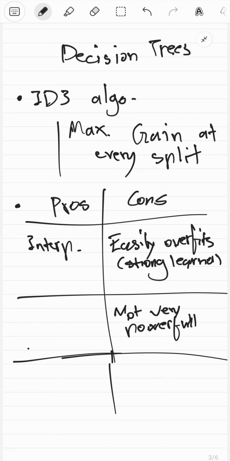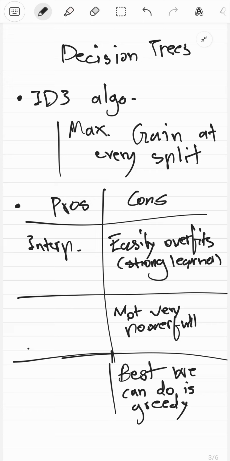So learning the optimal tree is hard. Best we can do is greedy. Compared to something like linear regression, this is a bad scenario, right? We don't have an analytical solution for some reason. So yeah, these are all the pros and cons of decision trees.